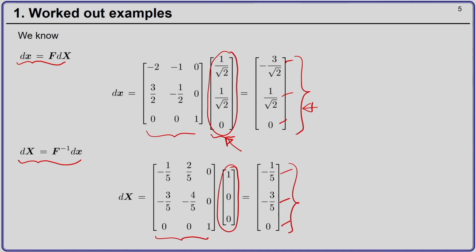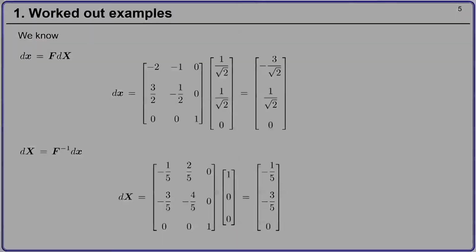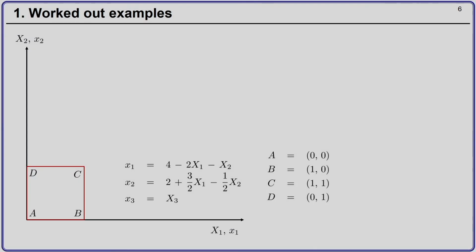Now, let us see how a unit square deforms. Because everything goes on in one plane, and there is nothing in the x3 direction, we just consider the x1 x2 plane. Let us position our unit square at the origin, with one corner at the origin, and let the 4 corners be A, B, C, D. So, this is your deformation mapping, and you know the coordinates of each corner point.